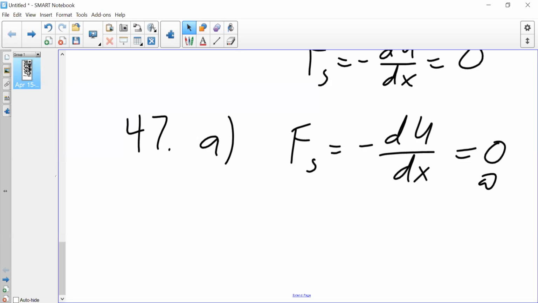So it's 0 at A. So the force is 0 at A because the slope of this is the force, which is kx, and there's no x. No displacement because it's the same. Therefore, it's 0.